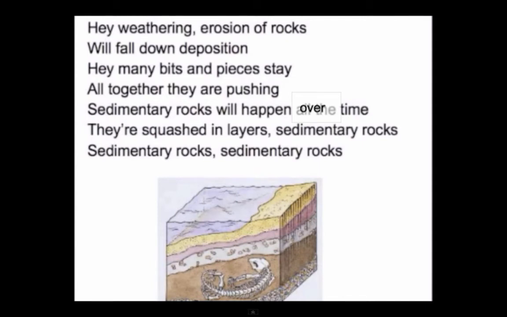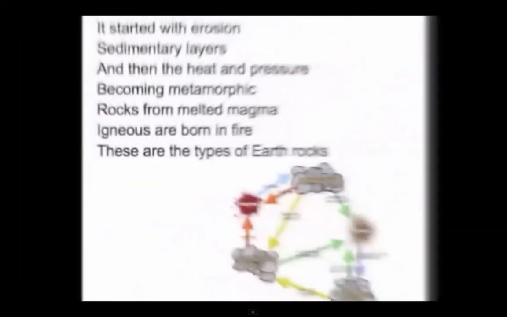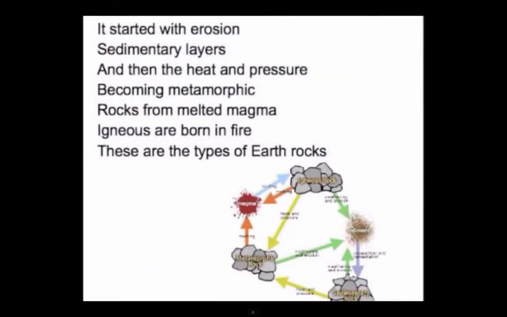Sedimentary rock will happen all the time. Sedimentary rock, sedimentary rock. It started with erosion, sedimentary layers, and then the heat and pressure, becoming metamorphic. Rocks are built from magma, igneous are born in fire. These are types of earth rocks.